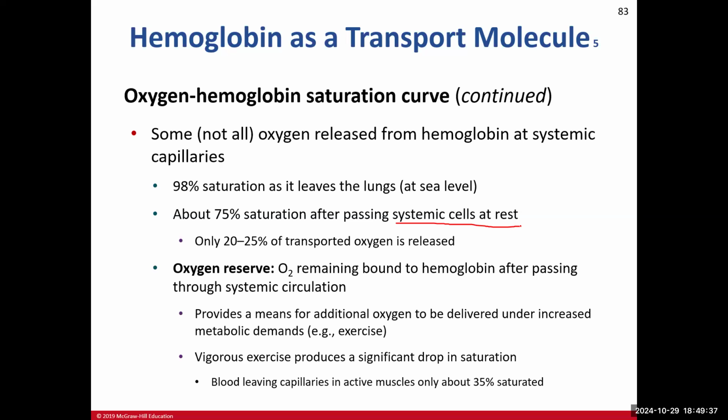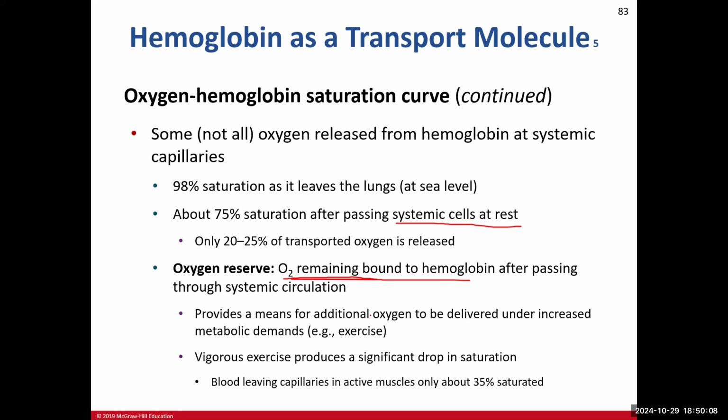So you're only releasing a small amount, which is good in the sense that, say you start to exercise strenuously, then that hemoglobin still has some oxygen reserves, so you can give off that oxygen in case of increasing metabolism. We refer to that as the oxygen reserve, the remaining amount of oxygen bound to the hemoglobin as it's circulating through your body.